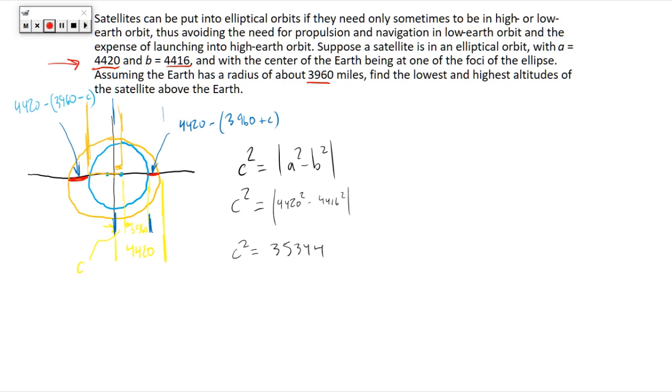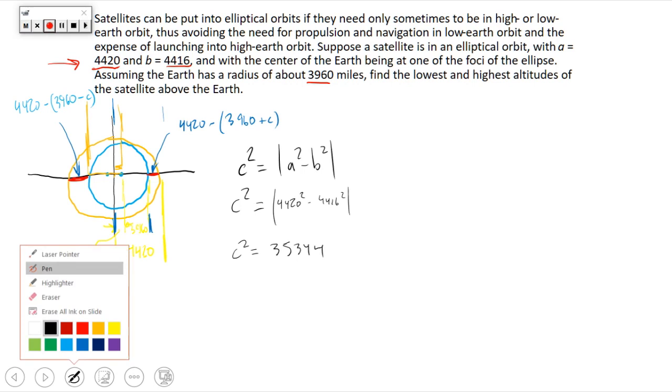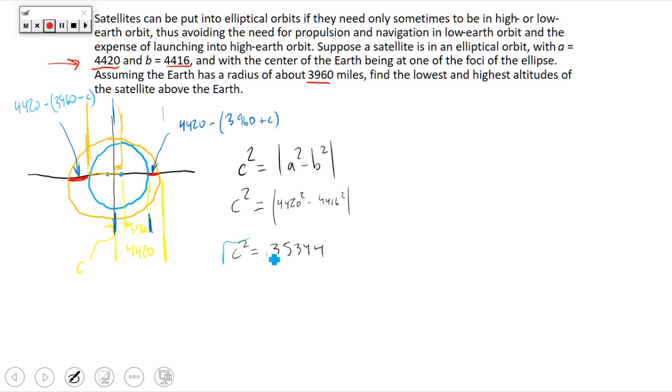When you take the square root of both sides here, you will get that c is equal to 188. I know it's plus or minus 188, but we just care about the plus right now. Okay, so that's c.